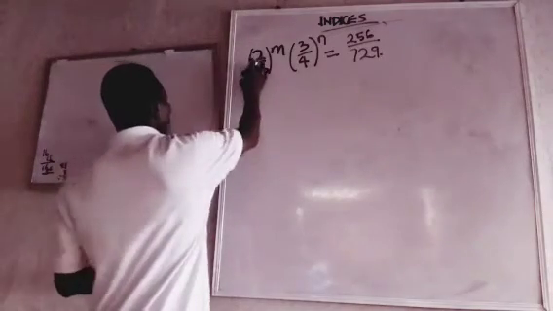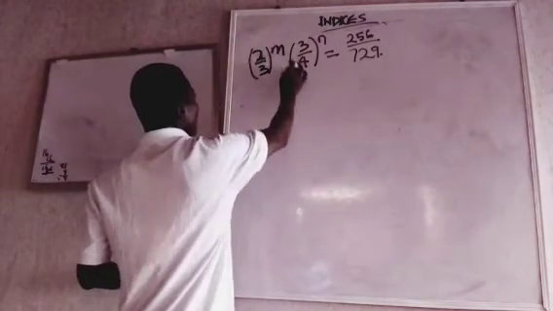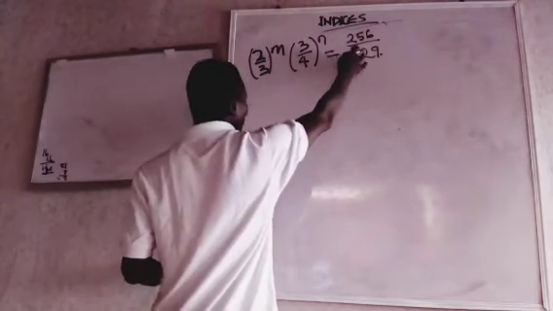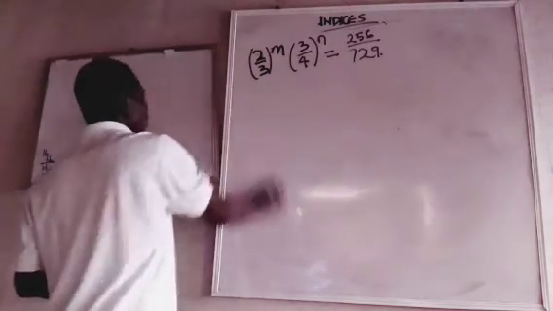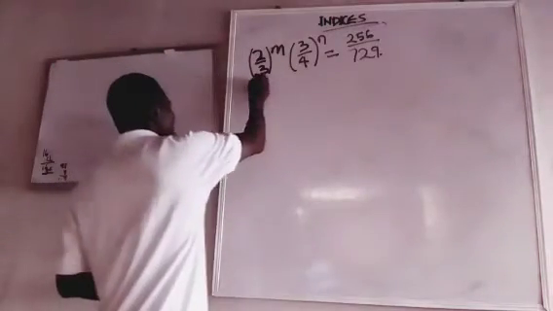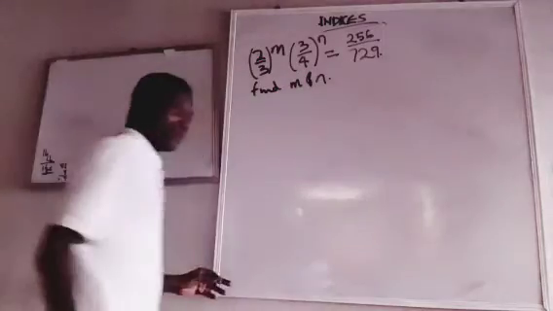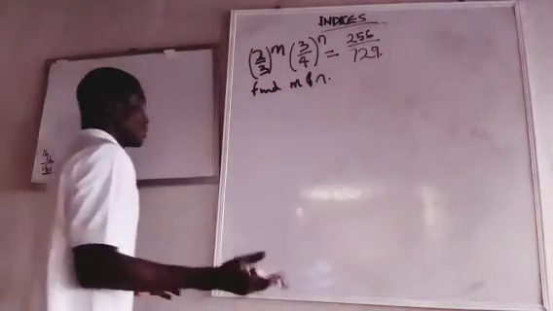It says (2/3) raised to power n multiplied by (3/4) raised to power m is equal to 256 over 729. And here we are asked to find the values of m and n. The only way we can do this is by our knowledge of indices.